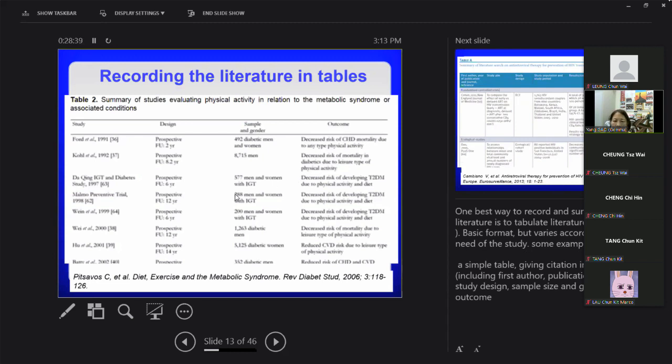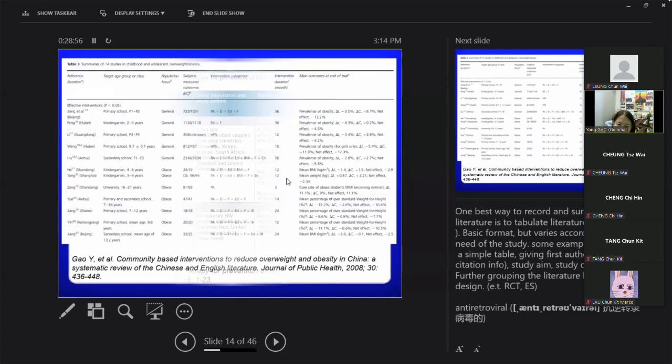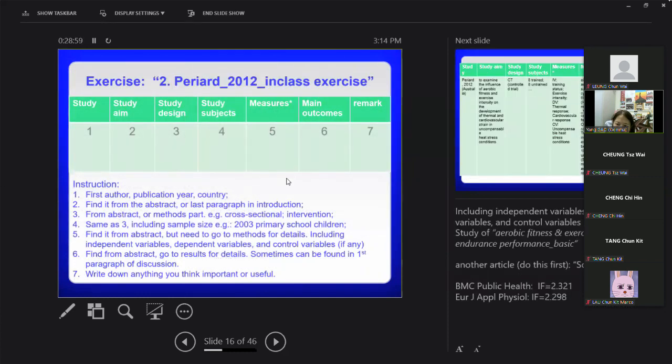As I mentioned, a table is maybe the most effective or efficient way to record the articles. So now let's have an exercise.